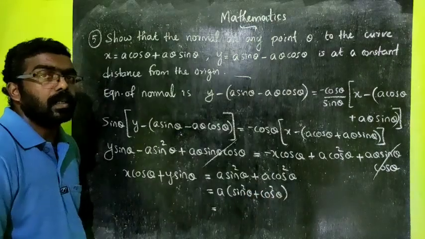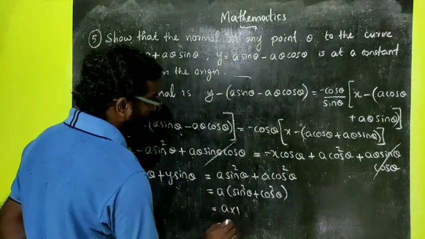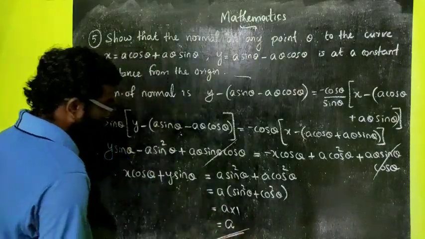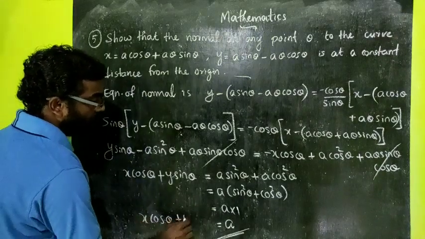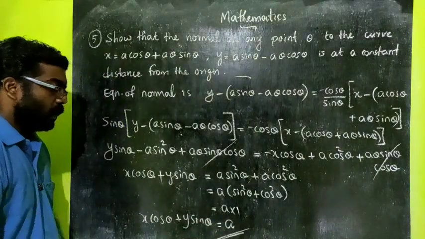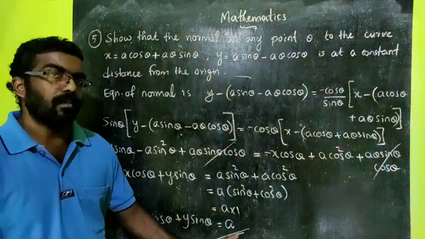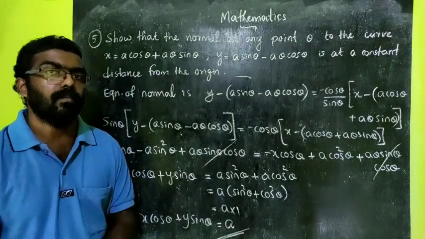And what is sin square theta plus cos square theta? It is 1. So A into 1, which is equal to A. That is, we got x cos theta plus y sin theta equal to A. And we know this is of the form of the equation of a straight line in normal form.